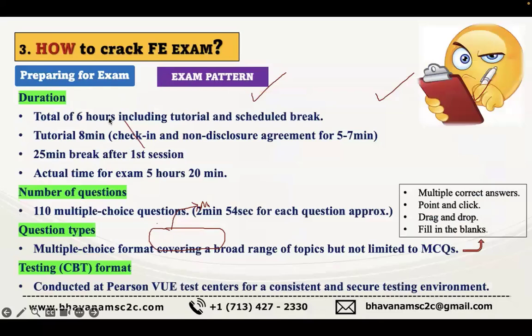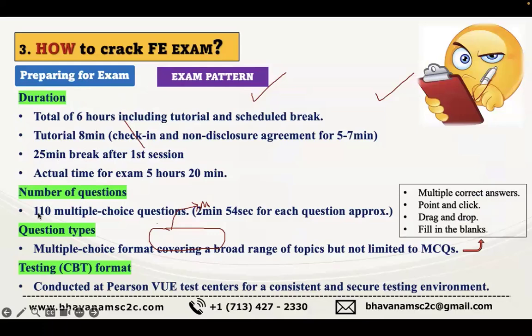Regarding the exam pattern, the exam is 6 hours, and the 6 hours include the tutorial and the break. The tutorial is around 8 minutes and the break is 25 minutes. So effectively you get 5 hours 20 minutes to answer the exam. How many questions will there be?